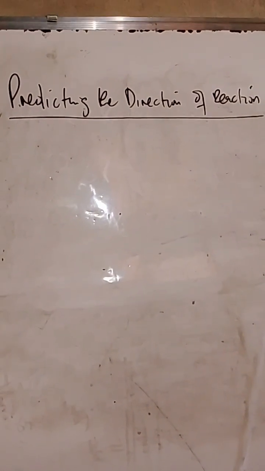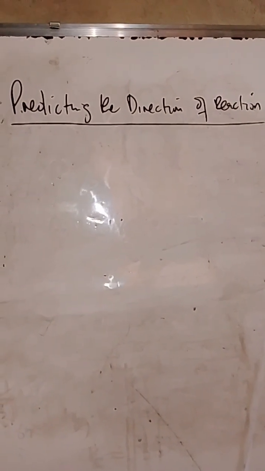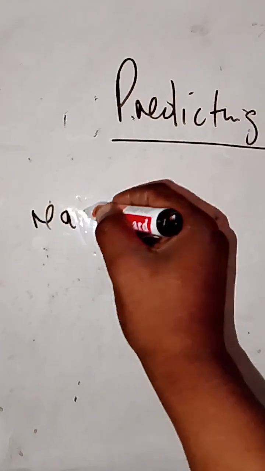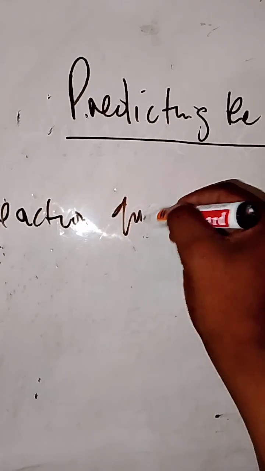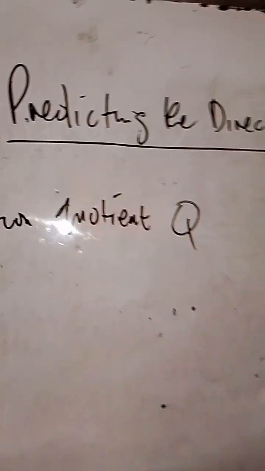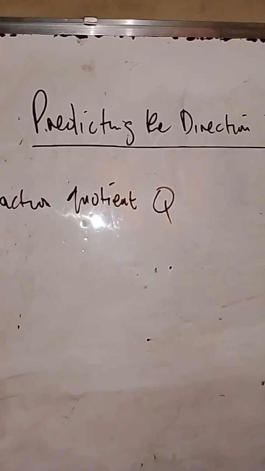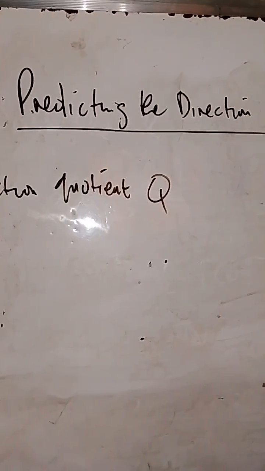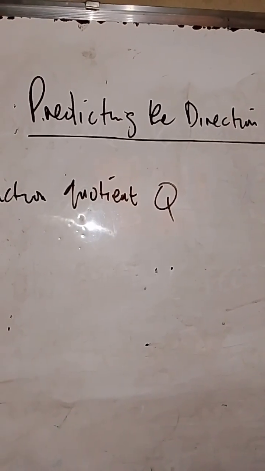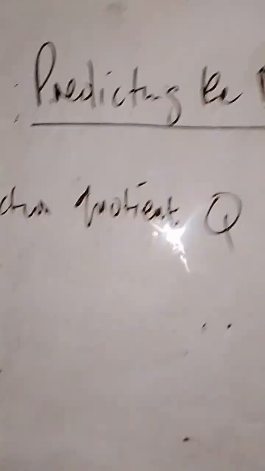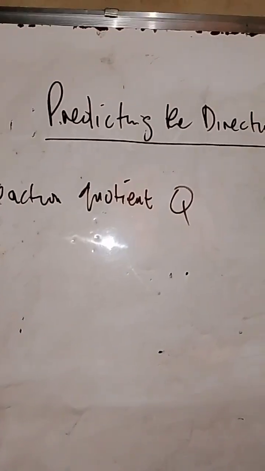We can now look at predicting the direction of reaction. The reaction quotient Q is a resulting value when we substitute reactant and product initial concentrations into the equilibrium expression.